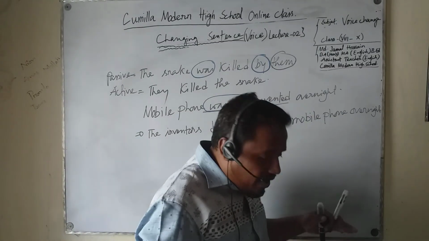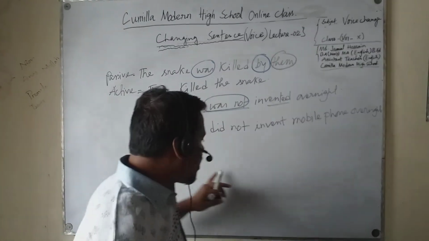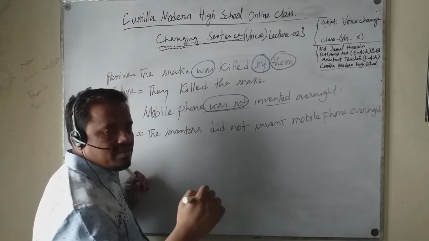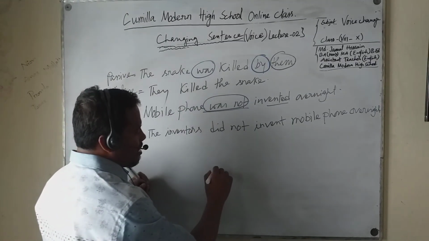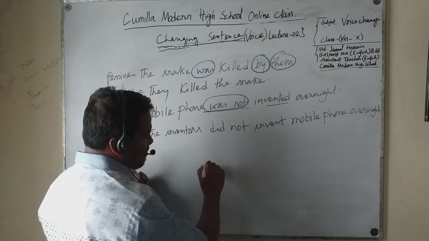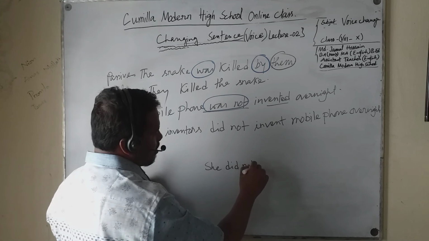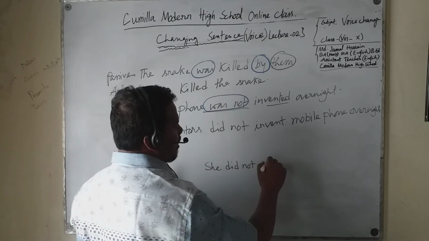If you are facing any problem, in that case you can transform an assertive sentence into passive of simple past tense. If I say, she did not kill the cat.